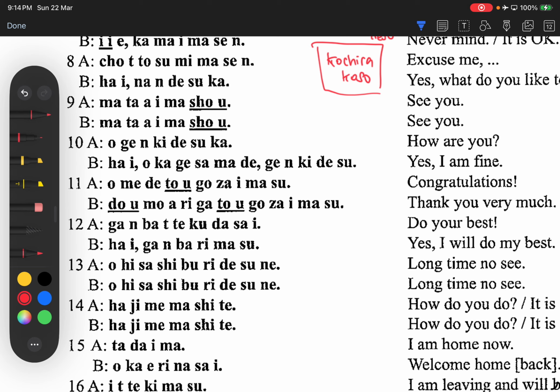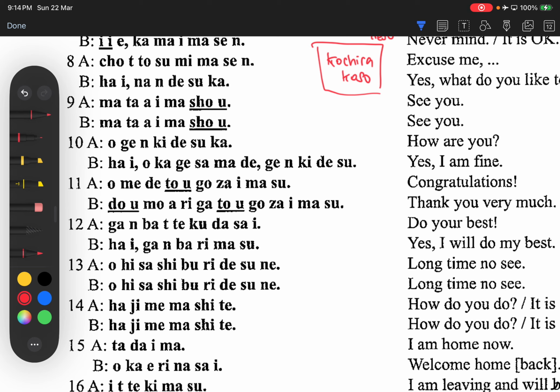So genki itself, in Chinese characters, is 元气, like your body's yin yang qi lah. So genki means someone is energetic, lively, active, healthy in a way. When we add desu ka, ka is a way to ask a question. So it becomes are you good, are you well, are you healthy. So basically asking how are you.